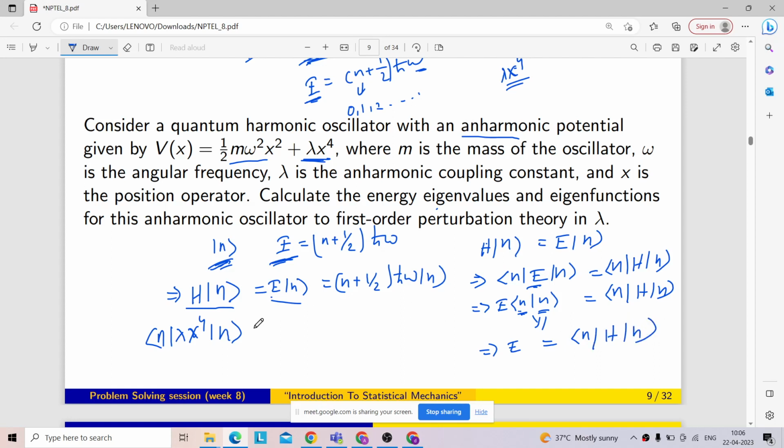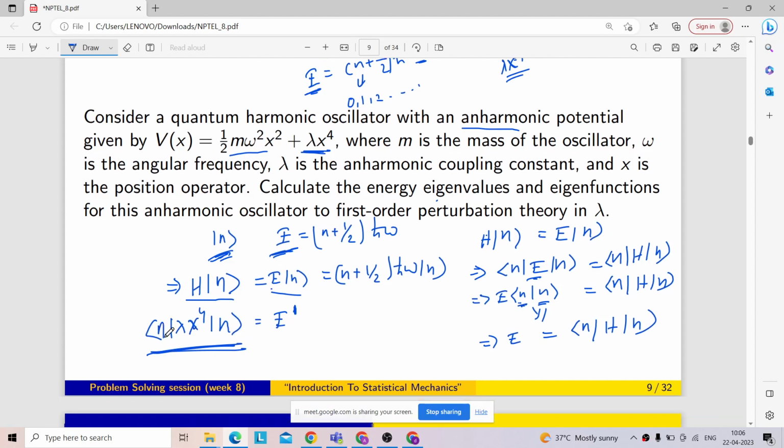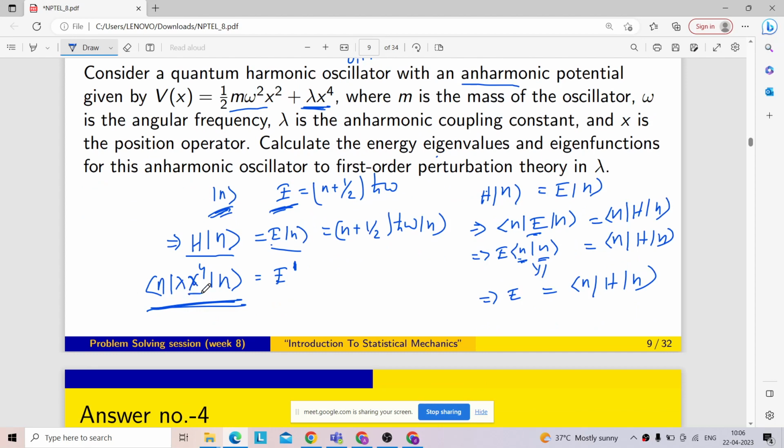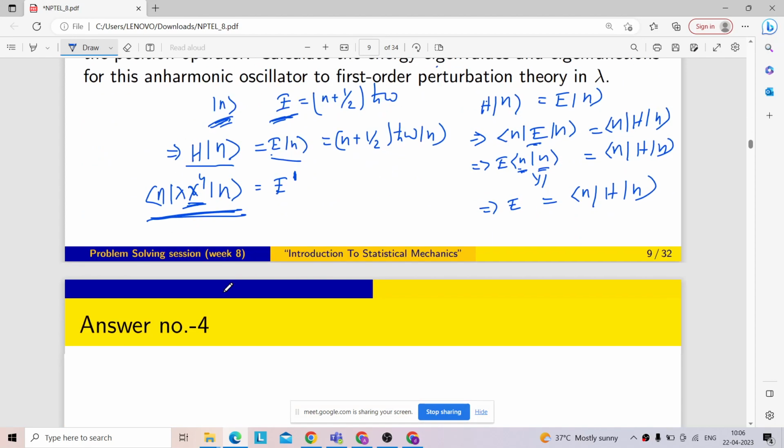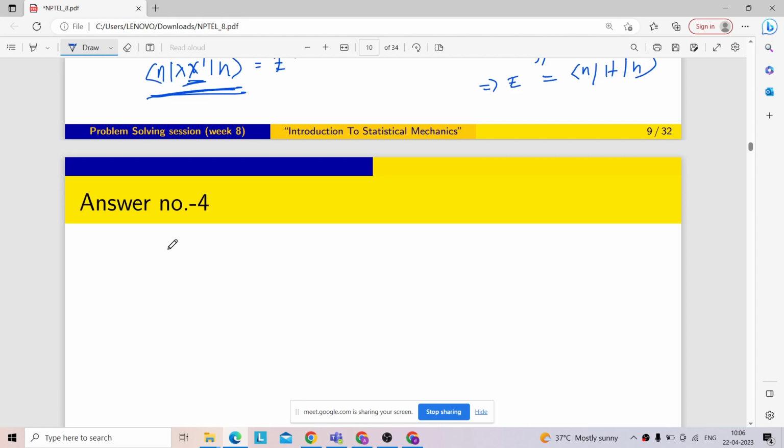So if we want a correction term, let's say E1, to this harmonic system, then this will be of the form <n|lambda x to the power 4|n>. Now this x is the position operator. A few questions back we were dealing with creation and annihilation operators, right?